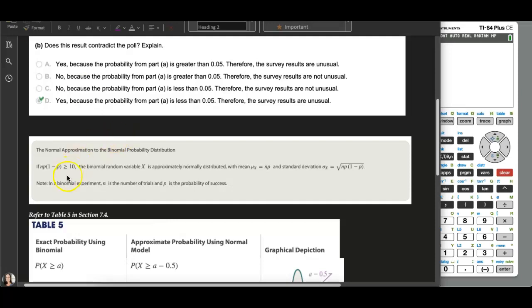So let's find these values, n and p, where n is the number of trials and p is the probability of success. And with it, we'll first calculate to see that we can use this normal approximation with this formula. And if we can, and I suspect we can, we're going to find the mean and the standard deviation that we need to continue and finish this problem.